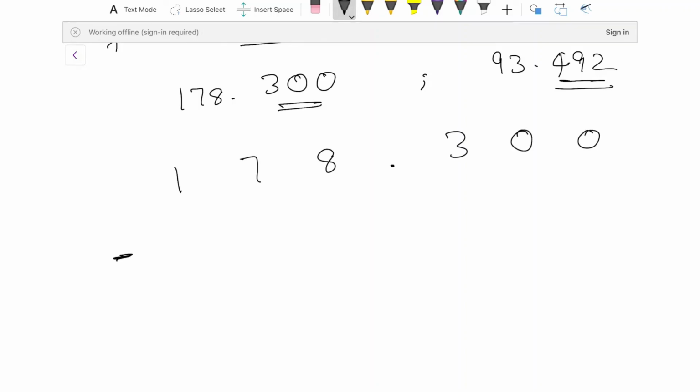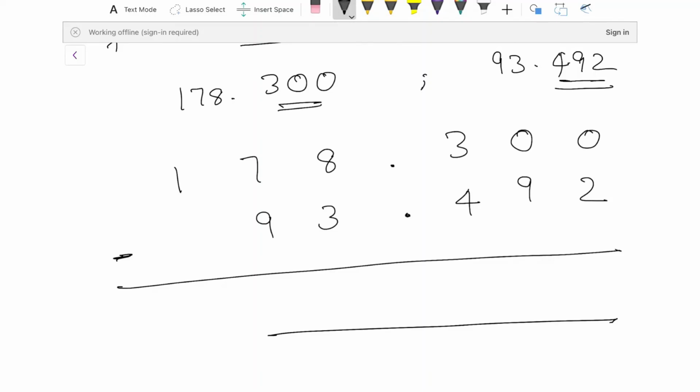178.300 minus 93.492. Okay, so let's do the regular subtraction. Okay, 0 minus 2, you cannot do it. Here is 0, so this gives away, comes 2, it gives away 1, and this gives away 1, this 9.